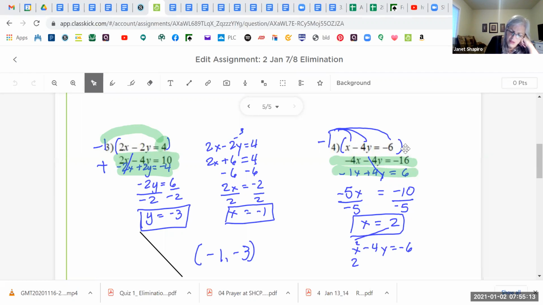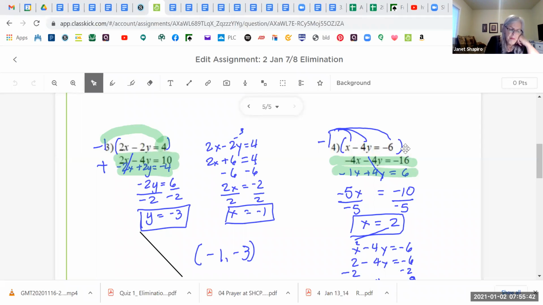So this is 2 minus 4y equals -6. I'm solving for y, so I need to move the 2. I have -4y equals -8. Divide by -4. Y is 2. And my ordered pair here is 2, 2. If I graph those two lines, that's where they would intersect.